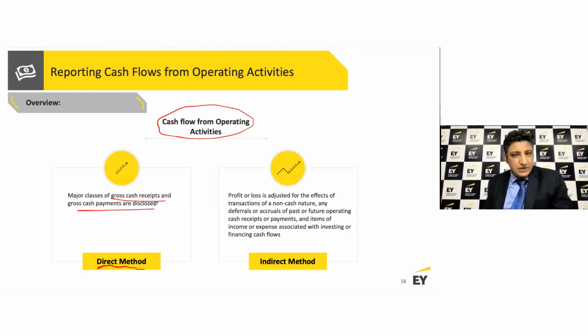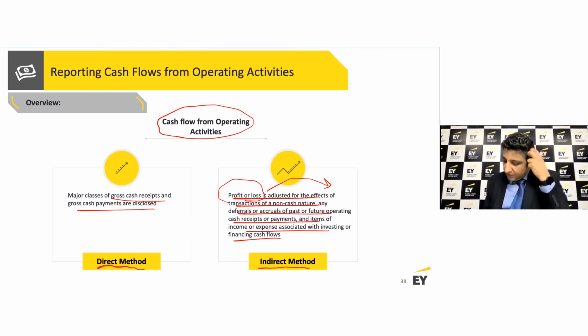That's the way you start looking at it. However, under the indirect method, you are expected to build the movement by using the statement of profit or loss as the basis, right? So that amount is adjusted for the effects of multiple transactions.